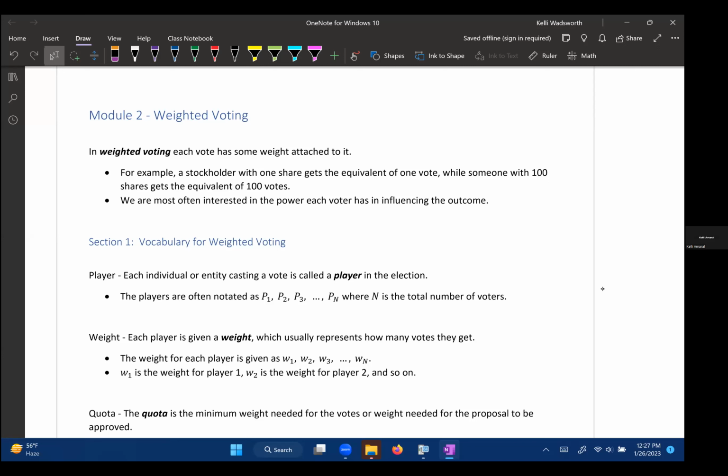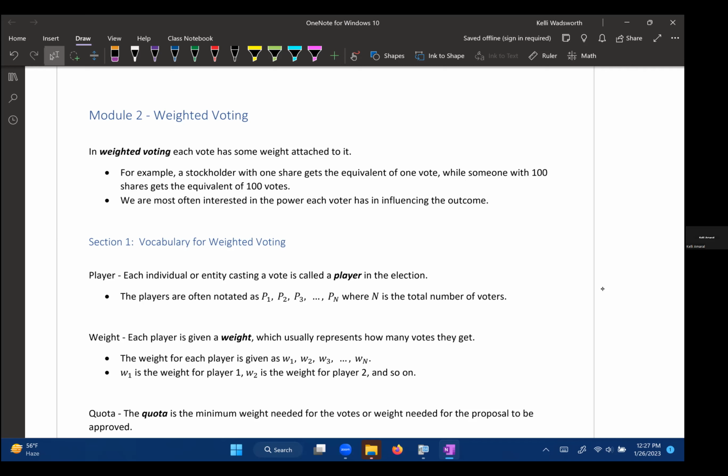Okay, so weighted voting. We're still talking about voting, right? But here we are talking about a system in which every vote has some weight attached to it. Kind of what we were talking about before, when everybody just had one vote and you were trying to count those votes. Here, we can give different voters different weights.